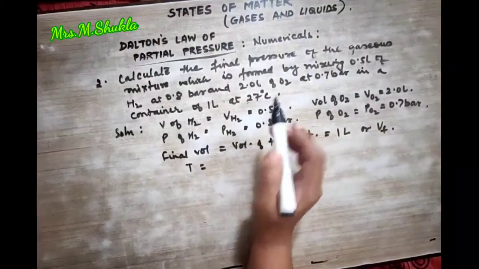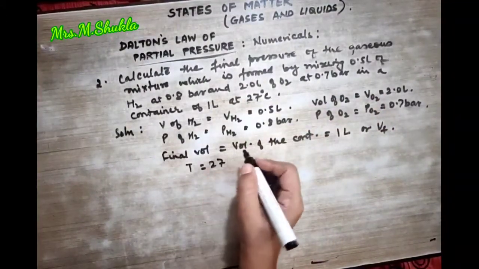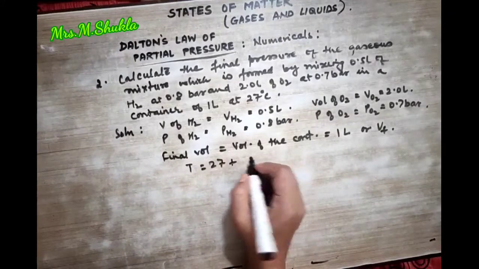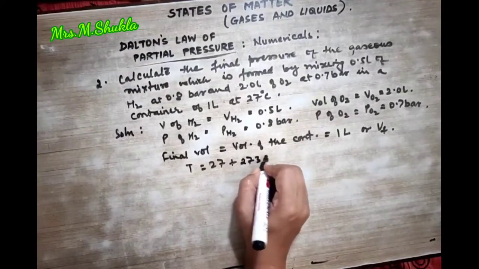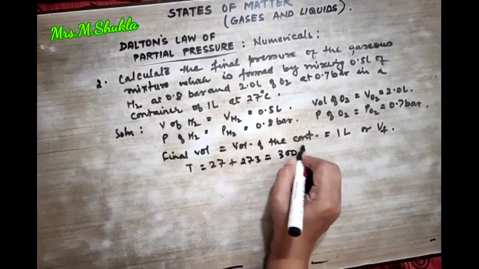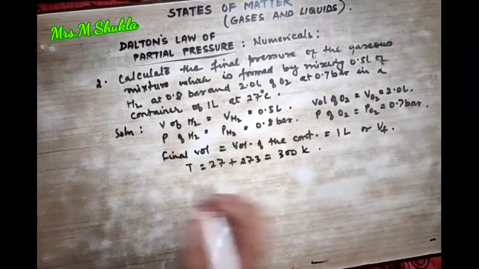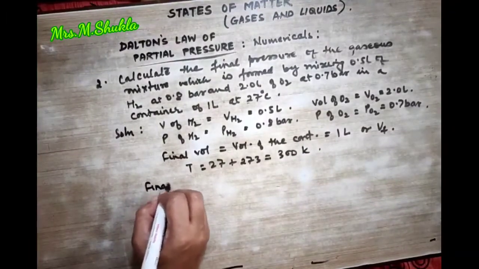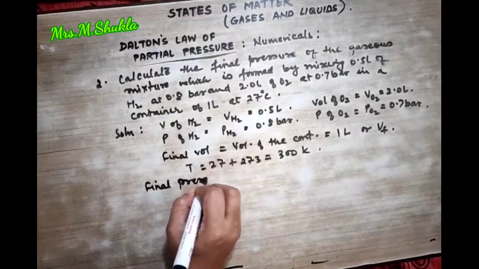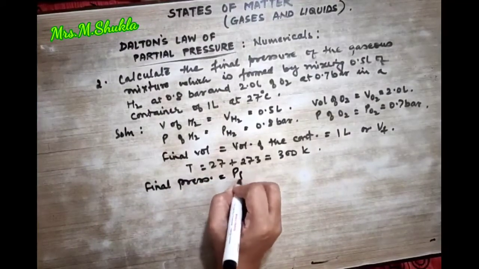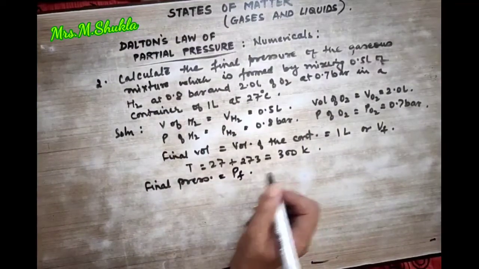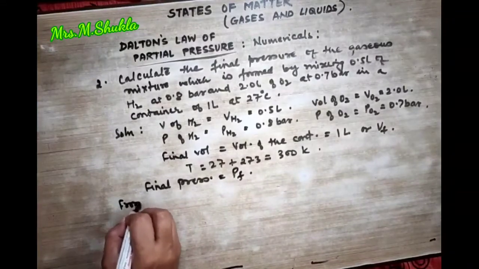Temperature is 27 degrees, which has to be converted to absolute temperature, adding 273. So this becomes 300 Kelvin. Now the final pressure should be written as PF.